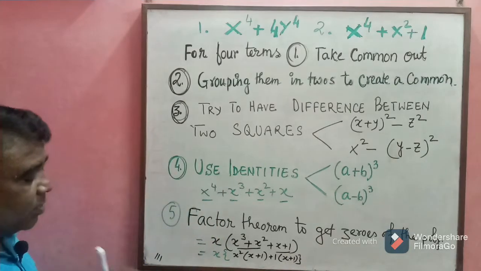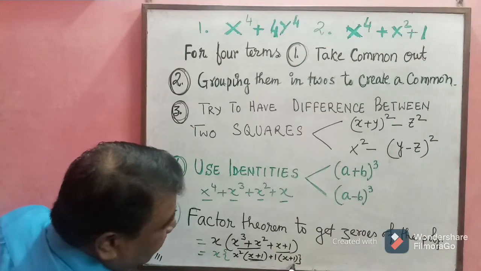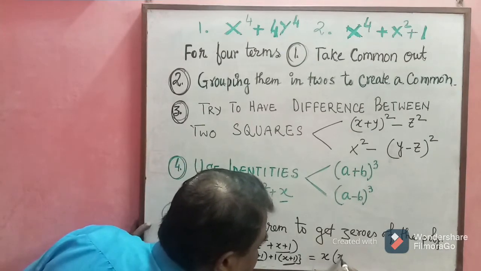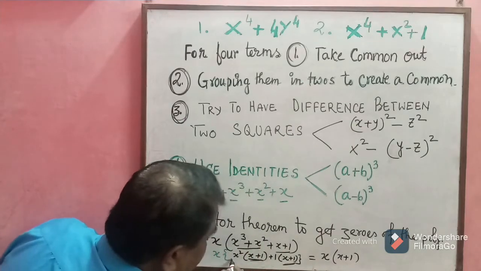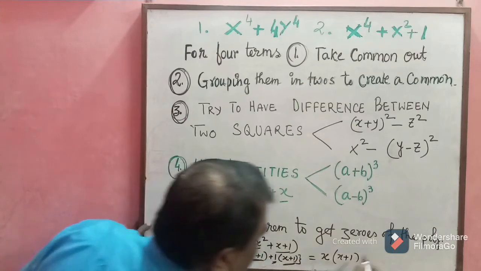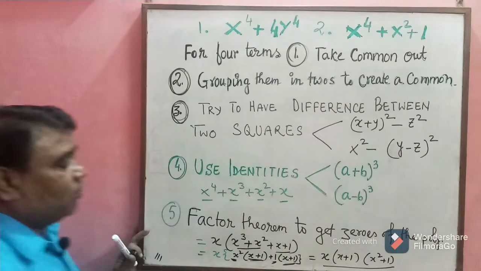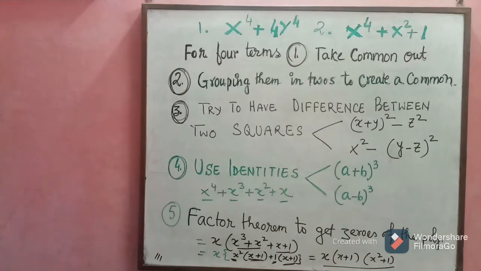So we have created a common here. We will take it out. So x into x plus 1, again x square plus 1 is remaining here. This way we have 3 factors here.